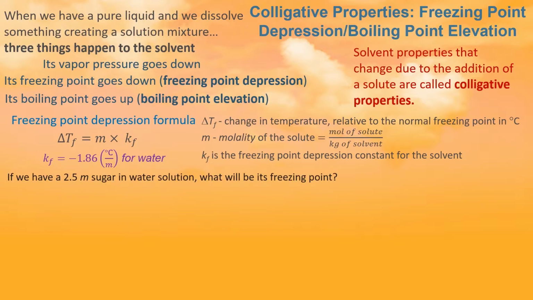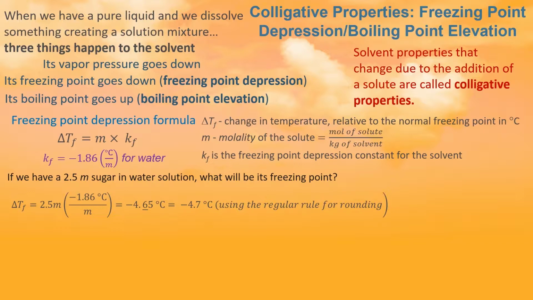So, if we have a 2.5 molal sugar in water solution, what will be its freezing point? To figure this out, we simply multiply the freezing point depression constant for water by the molality of the solute in the solution, and we obtain a temperature change of minus 4.7 degrees C. We use the textbook regular rounding rules in the example.